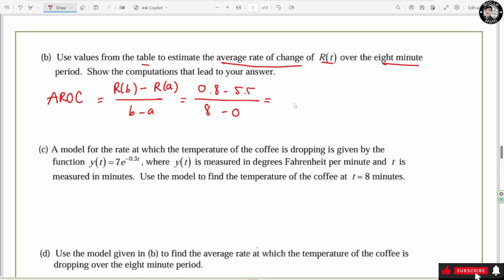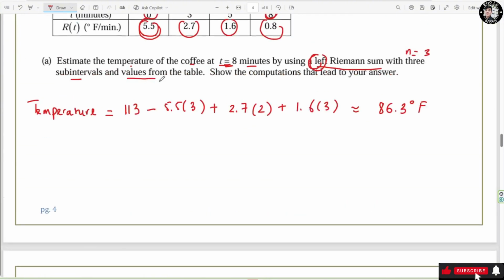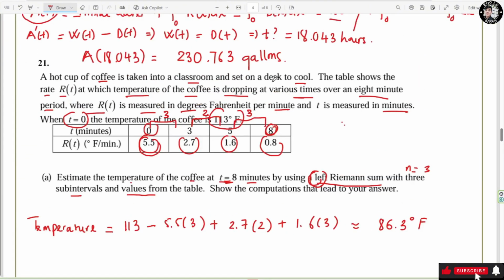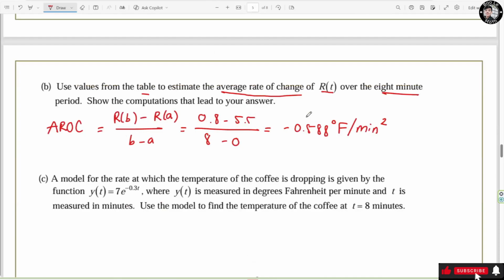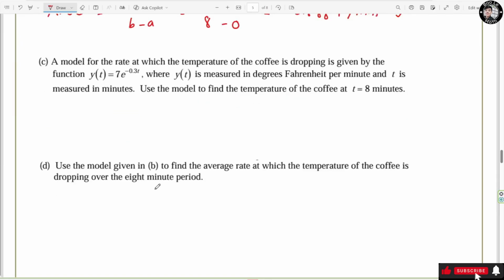So this one is approximately negative 0.588 degrees per minute squared, because the rate unit is degrees per minute right here. So when you calculate the average rate of change, it's going to be per minute one more time. So it could be minute squared. Keep that in mind.